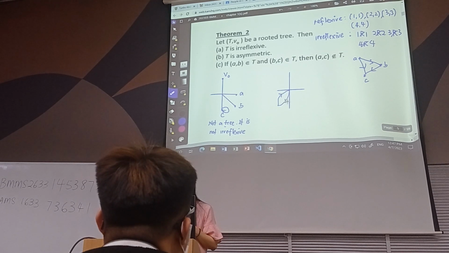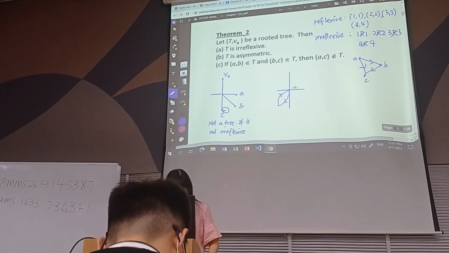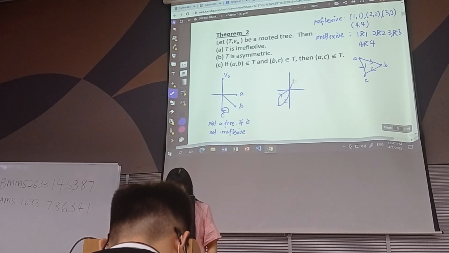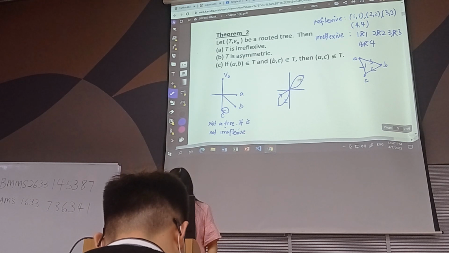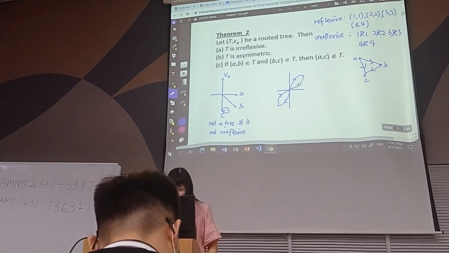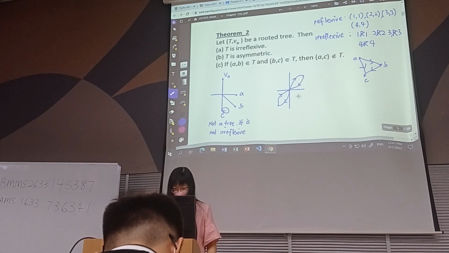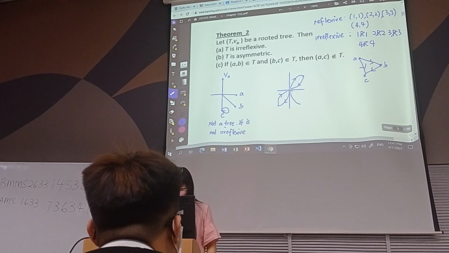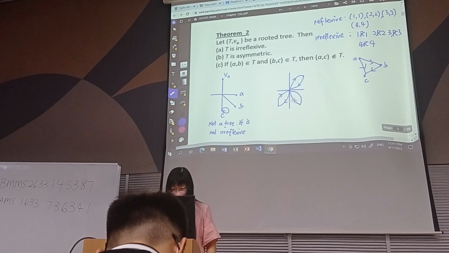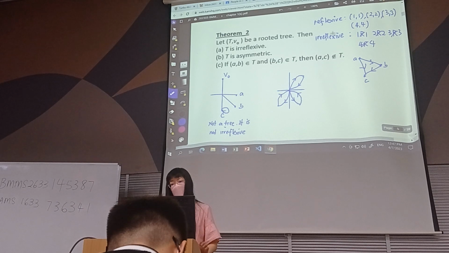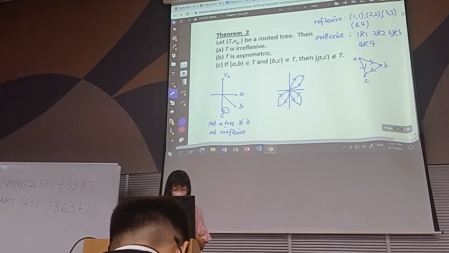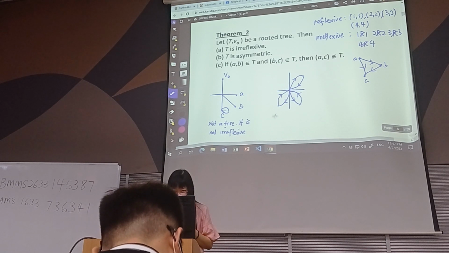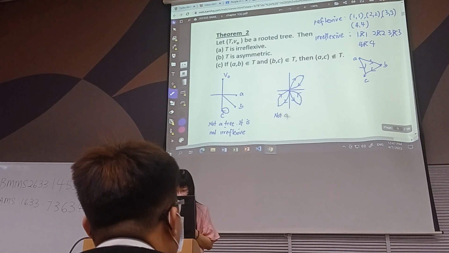If I have these two ways, right? Then this is also not a tree.